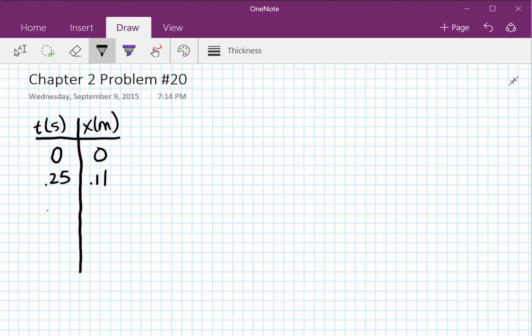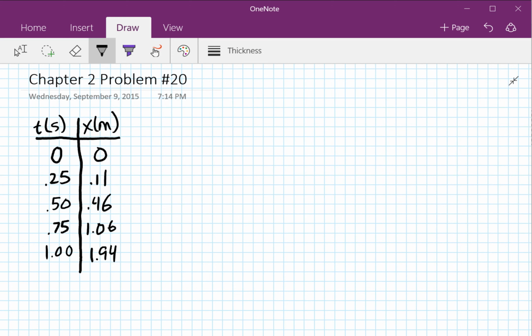We had 0.50 and 0.46. We have 0.75 and 1.06. We have 1.00 and 1.94. So those are 5 data points that we were given.